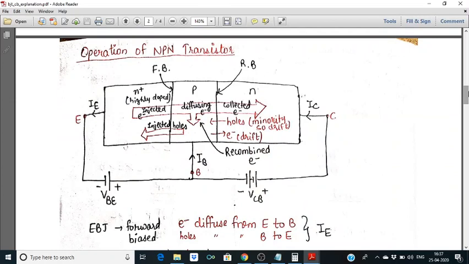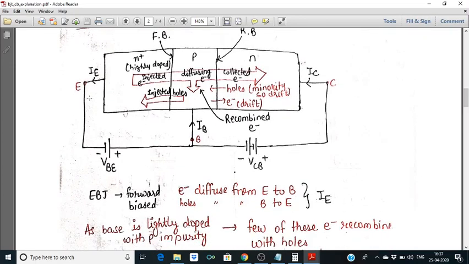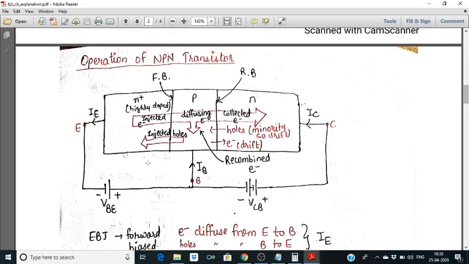Now coming to the operation of the NPN transistor, we will be using an NPN transistor in common base configuration for this experiment. As we can see, the emitter base junction is forward biased and the collector base junction is reverse biased. Due to forward biasing, electrons will diffuse from emitter to base, while holes will diffuse from base to emitter.